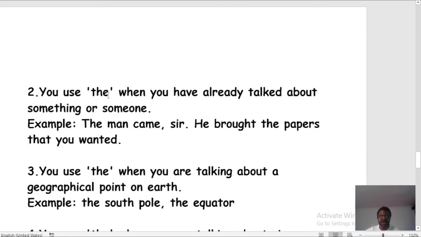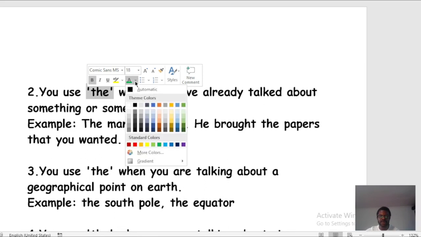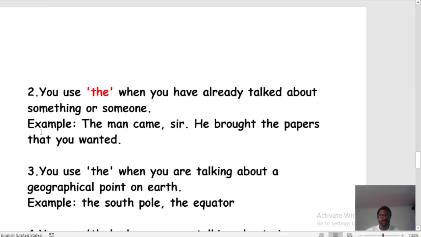You use the when you have already talked about something or someone. When it's already talked about, we also have to use the to emphasize, because it's already known to us. For example, the man came. The man you already know about. That is the reason we are using the.